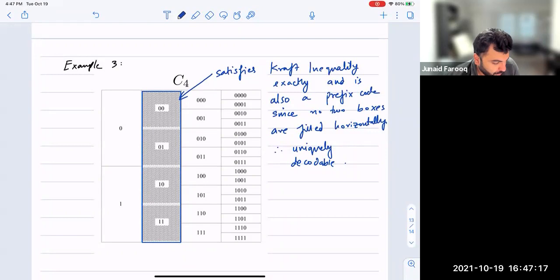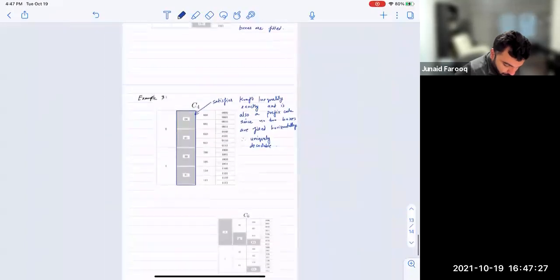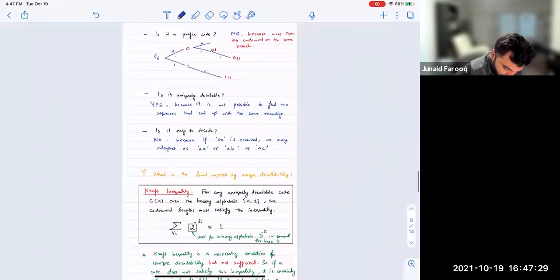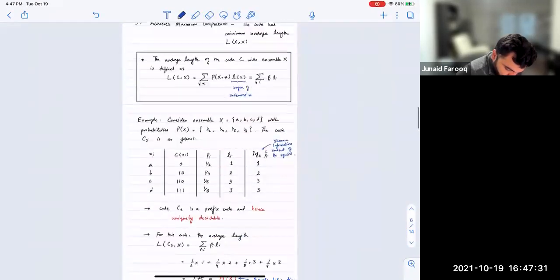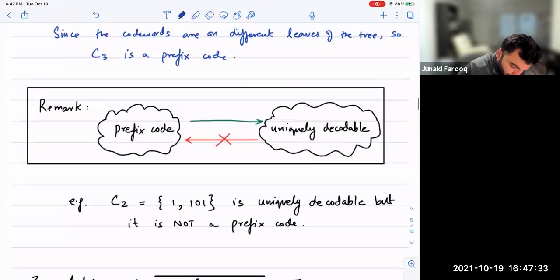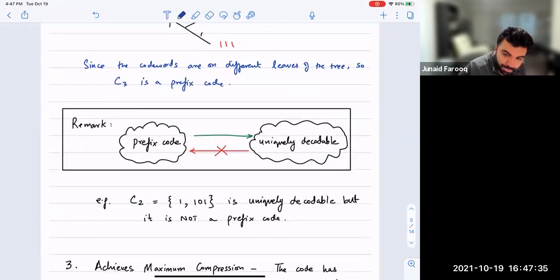And if you satisfy it, you may still not be uniquely decodable, but if the code is prefix, then automatically from our remark here, you can immediately say it is uniquely decodable. Right, so you have to make use of 2 of these.